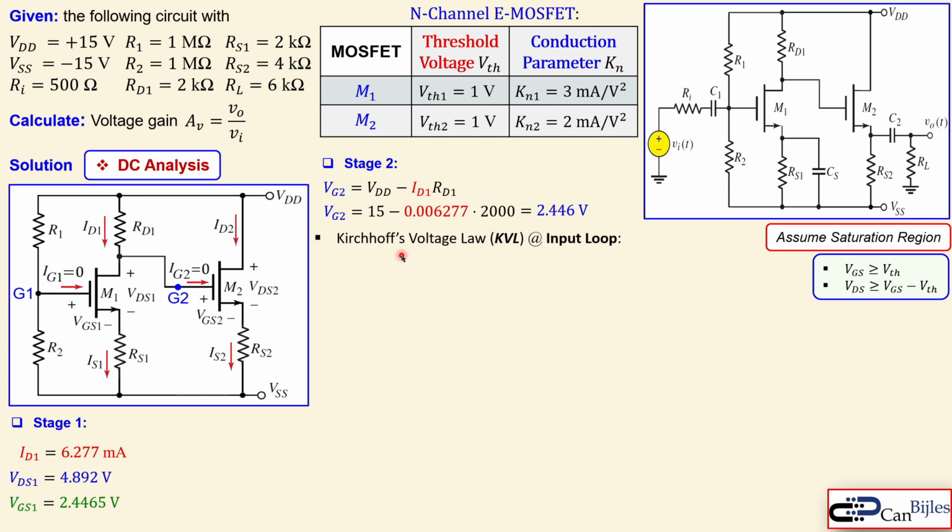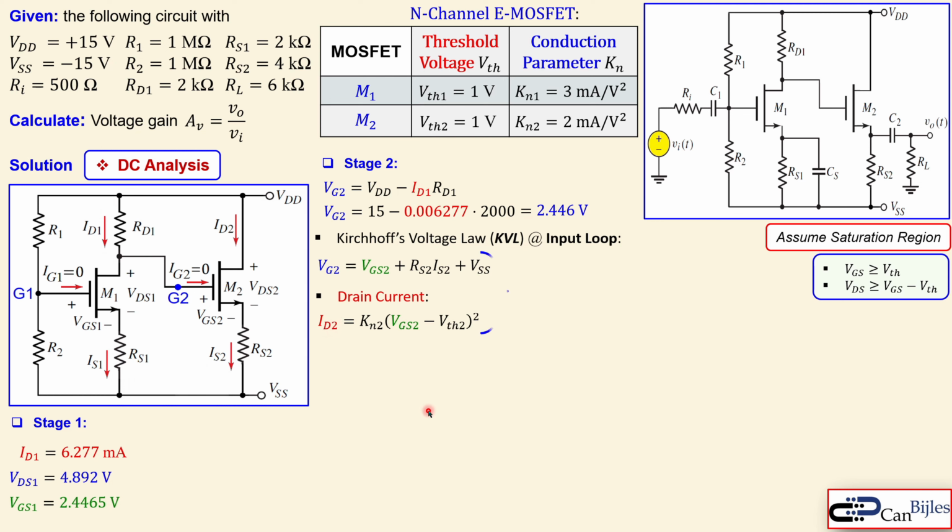Now we apply Kirchhoff's voltage law at the input loop, which is this part. With this node VG2, we have VGS2 plus the voltage across RS2 plus the voltage VSS. That's shown here. Again, you make a loop. The drain current for the second stage is the same thing as for the first stage, but we now use the subscript 2.